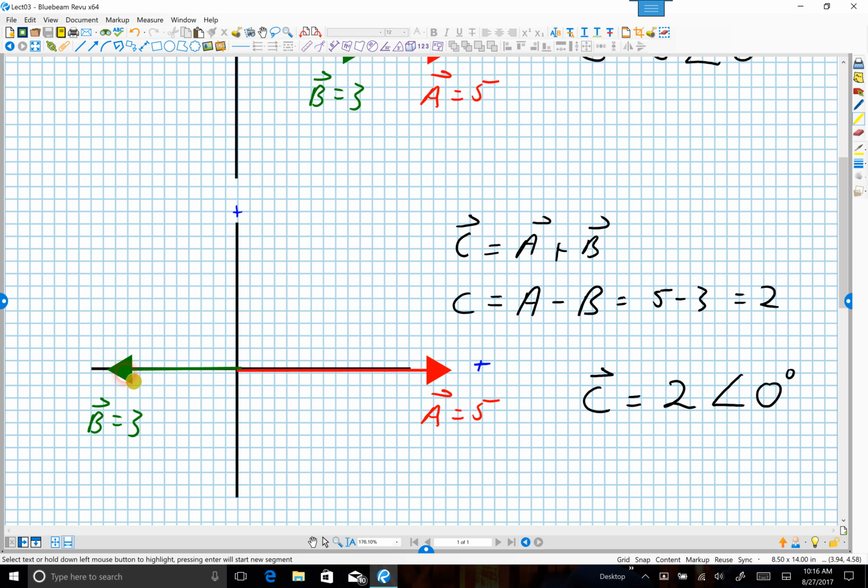B is to the left, which therefore must be negative. So the negative here is telling me that b is pointing to the left. Now I've taken direction into account in the scalar equation, and I get 5 minus 3 equals 2. And the length of the c vector is 2, but it's still pointing to the right because a is longer than b. So the net result is going to be still pointing to the right.